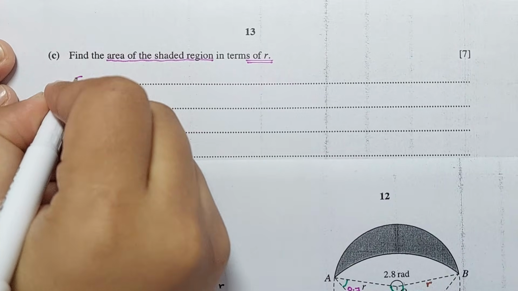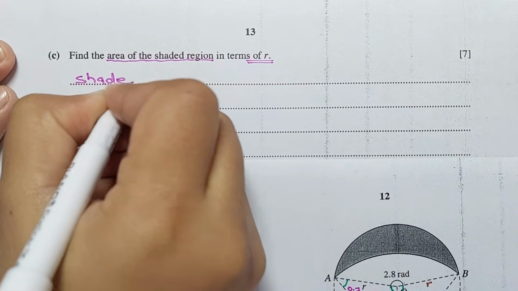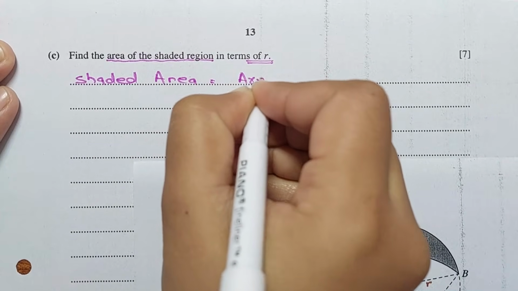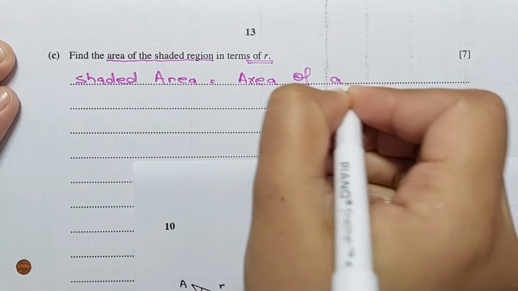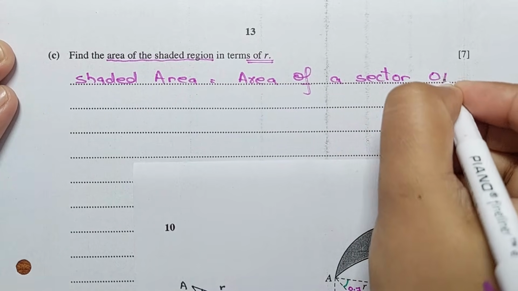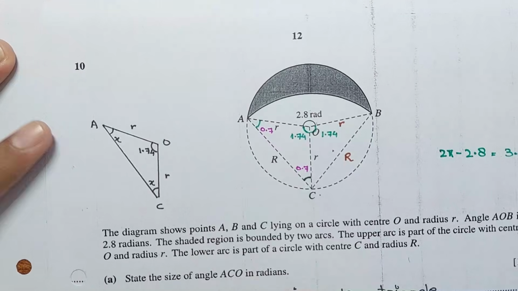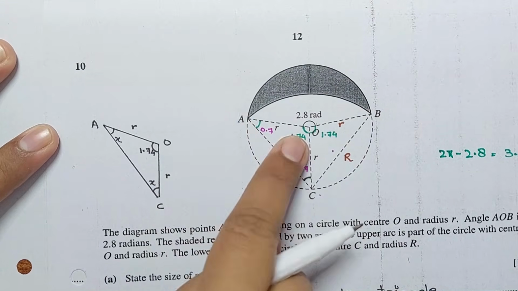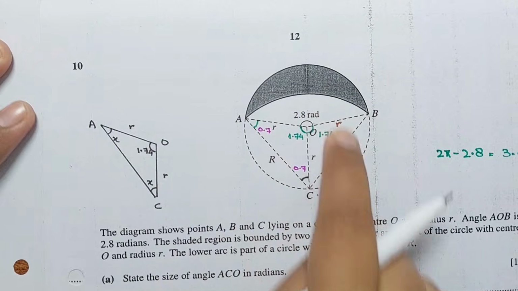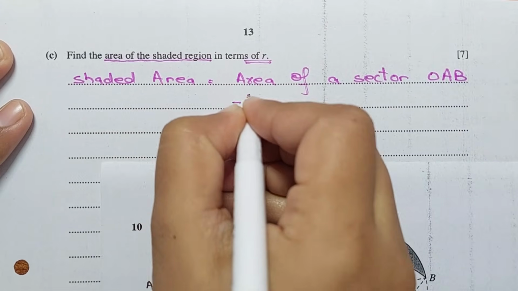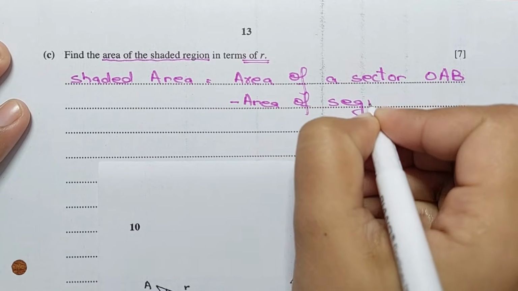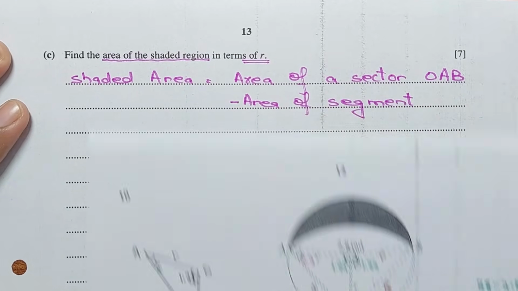So here we can say the shaded area is the area of the sector OAB, the area of this whole sector O, A, and B. But this part is not shaded, so we have to subtract it: minus the area of the segment.